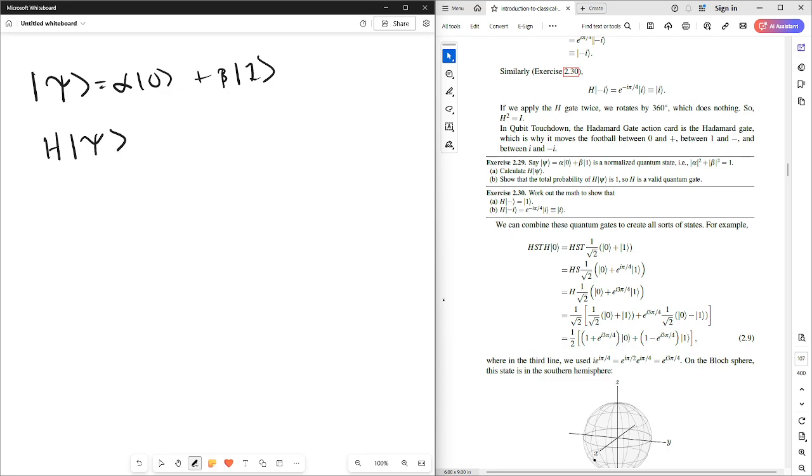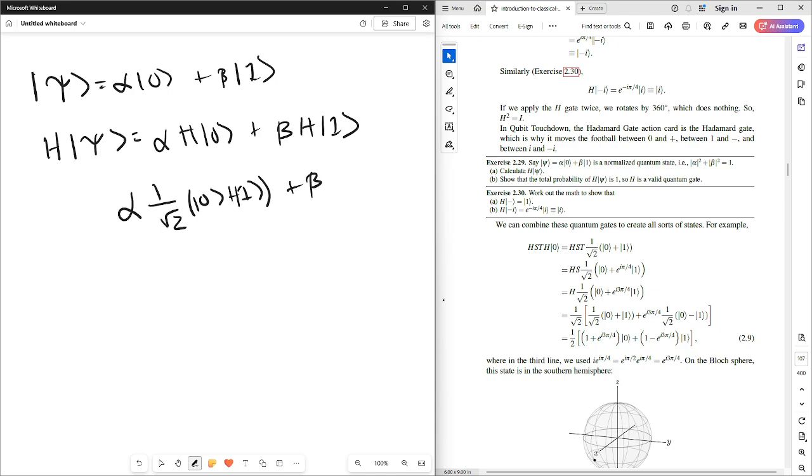That's equivalent to alpha H of state 0 plus beta H of state 1. Transforms 0 into plus and 1 into minus. So we wind up with alpha times 1 over square root of 2 times state 0 plus state 1, plus beta times 1 over square root of 2 times state 0 minus state 1.